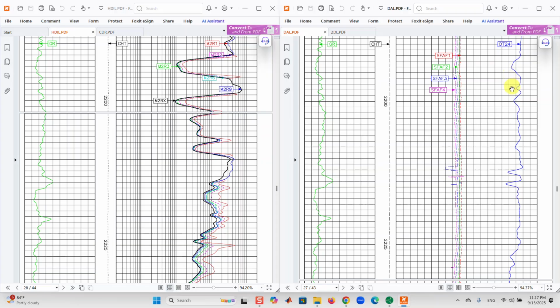The variations of the sonic log have a small variation range, so we can see this peak from resistivity is equivalent to this peak, this is equivalent to this peak, this is equivalent to this peak, and this tiny peak with this peak of the sonic log.